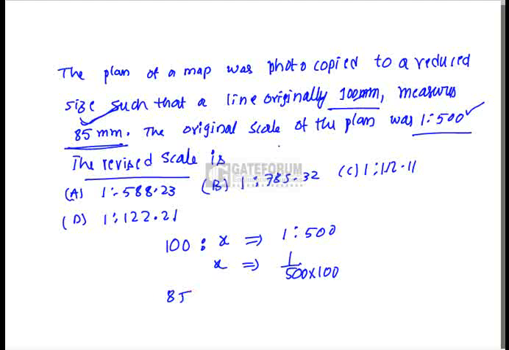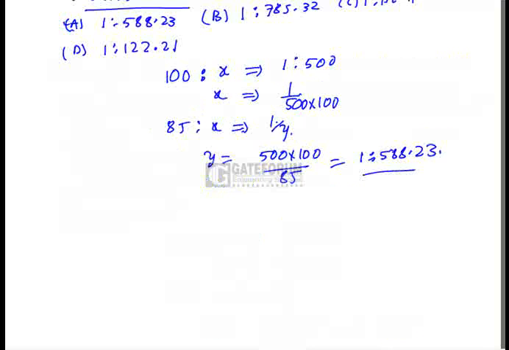Now for 85, the revised scale is 1 by y. So y is equal to 500 into 100 by 85, that is equal to 588.23. Therefore, option A is correct.